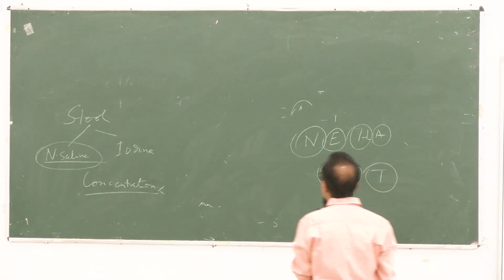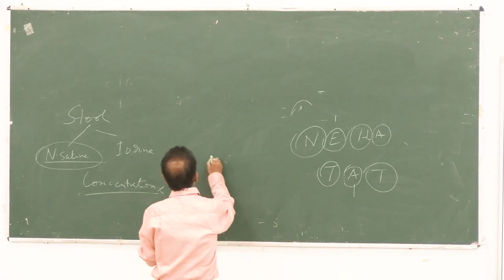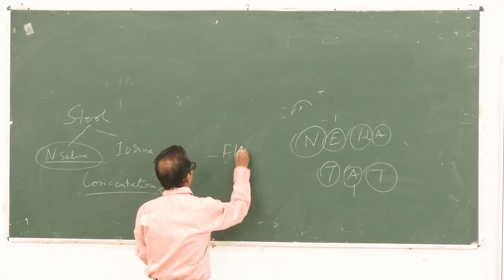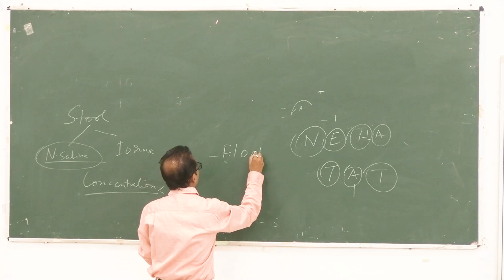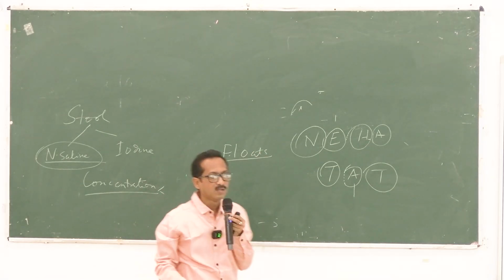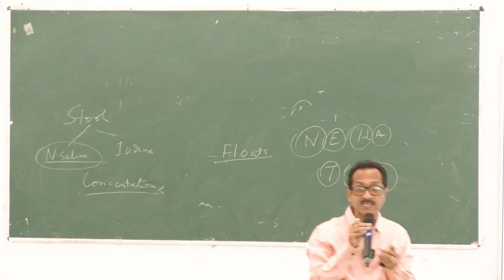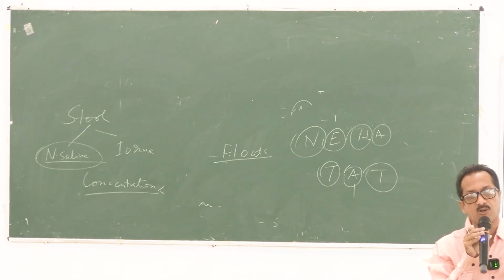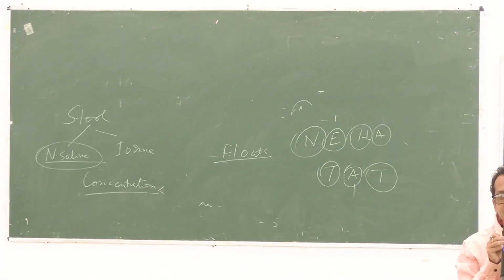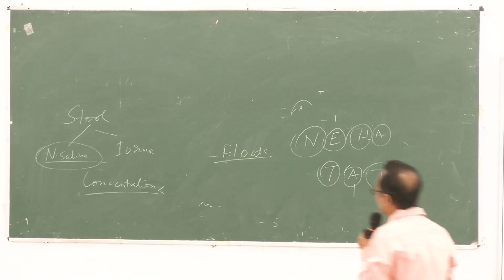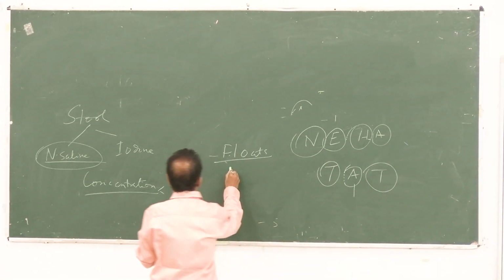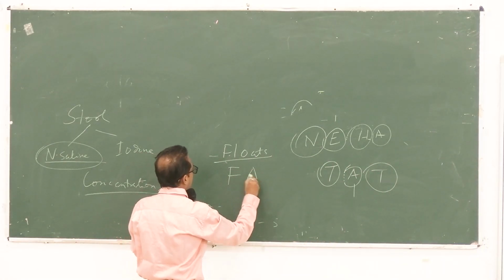And the other thing is which ova float and which ova do not float. Which eggs float in saturated salt solution? This is equal for all nematodes. There is a mnemonic called Fateh floats.